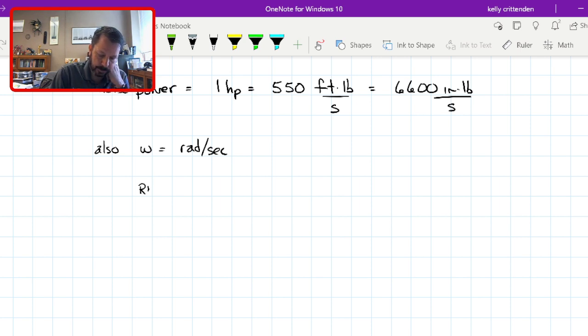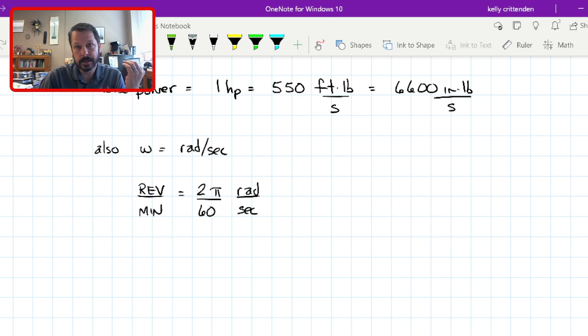So a revolution per minute would equal 2 pi over 60 radians per second. You need to convert the minutes and seconds, and you need to convert the revolution, being a whole circle, into 2 pi. So 2 pi over 60 radians per second.